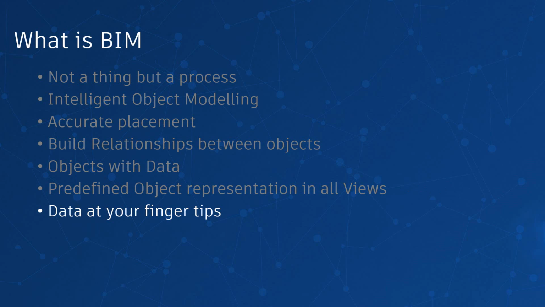And of course, the final component is that all this data is then available at your fingertips to use in either further downstream processes, or to help analyze the current design to make sure that you're in that right space.